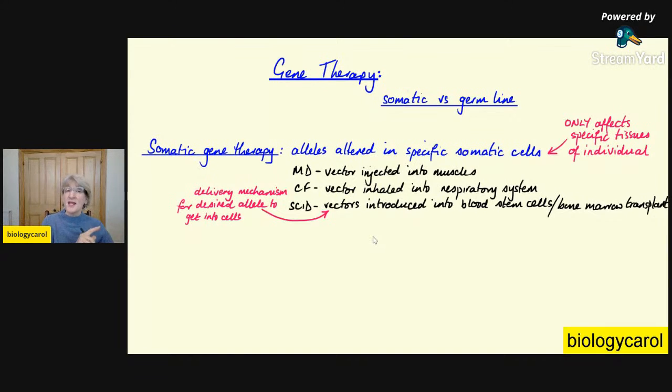And that happens as a result of using a vector to transport the gene from one organism into another. So the vector is the delivery mechanism for the desired allele to get into the cells of interest. And the cells of interest, not surprisingly, change depending on the genetic therapy that we're dealing with, depending on the genetic disease that we're dealing with.